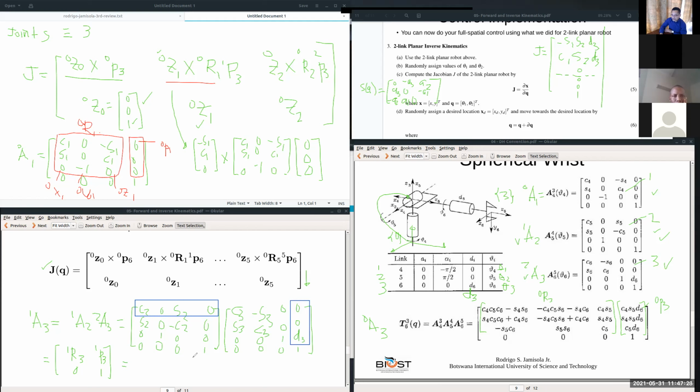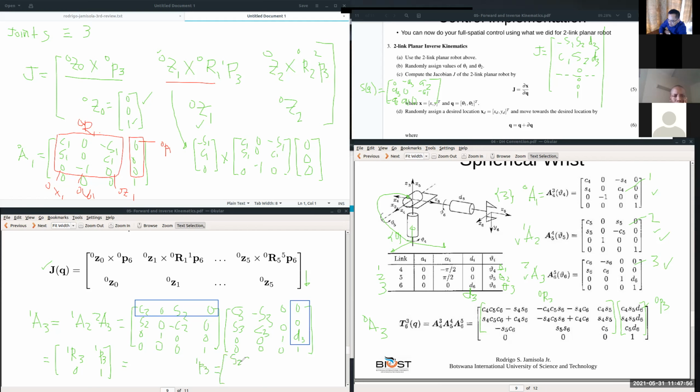We'll just compute the 1P3 only. So if you only take 1P3, we only consider that first row and fourth column. So C2 times 0 plus 0 times 0 plus S2 times D3, plus 0 times 1. So this is S2 times D3.